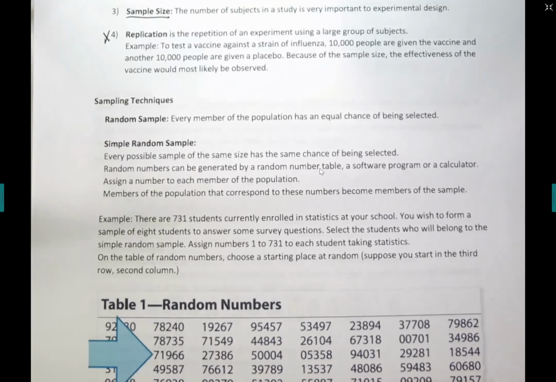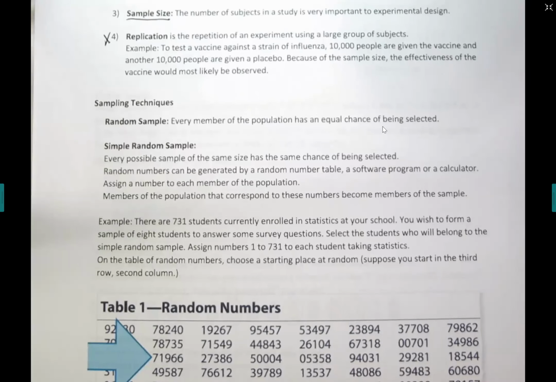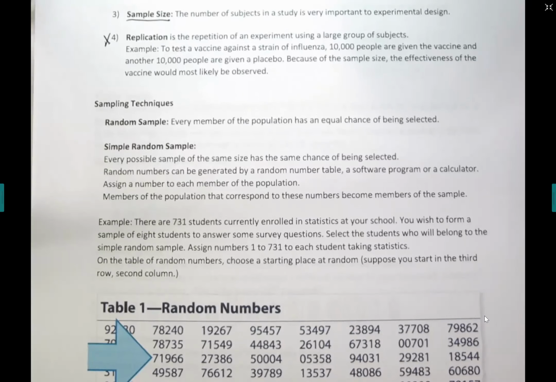If I want to select 4 students at random, guys, what would be the best way to do it? You can type it in. You can talk to me. What do you think would be the best way to select a group of 4 students randomly from your group? Any ideas?